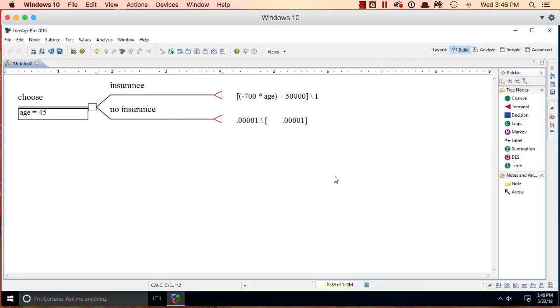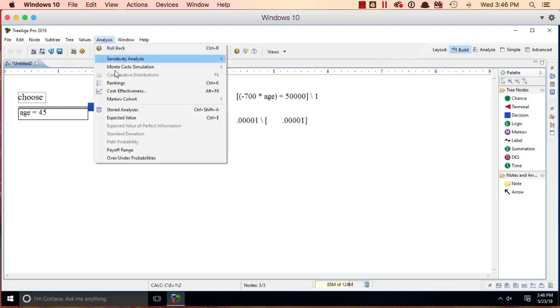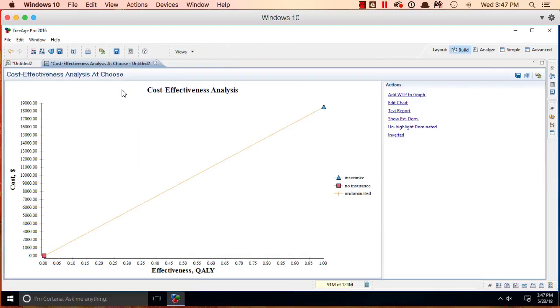The first thing we always like to do, as usual, is evaluate the slope of the supply curve. Click on the blue square for the decision, choosing between insurance and no insurance, analysis, cost effectiveness, shows the supply curve there. You can see that it's going to scale up the supply curve from no insurance to insurance based on the slope of that line.